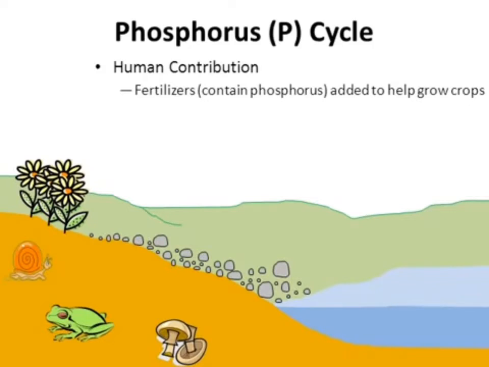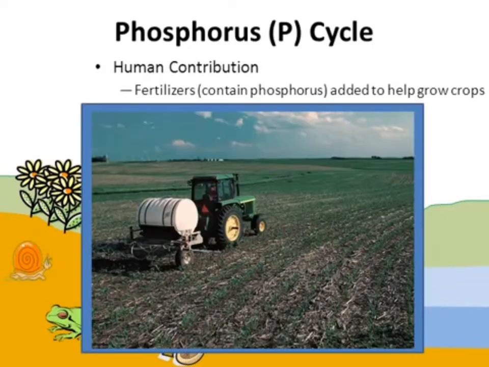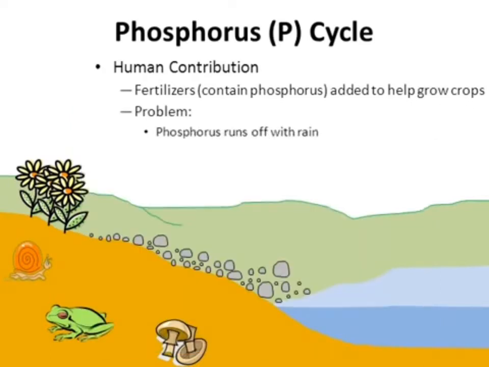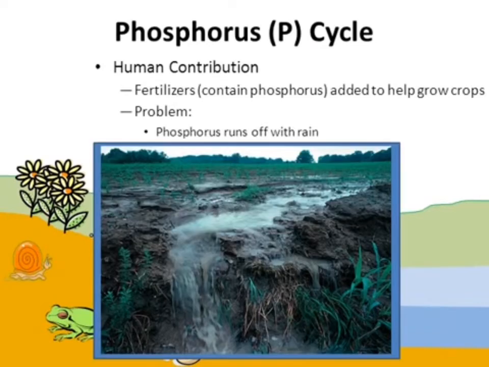So if you just pause and look at the animation, we have a cycle here. We have a continuous loop of phosphorus throughout the ecosystem and throughout the environment. Well, there's a little twist I just want to add before the video finishes. We need to focus on the human contribution to the phosphorus cycle.